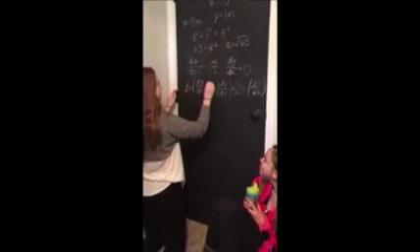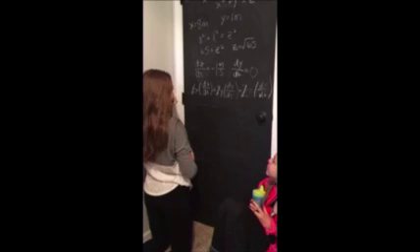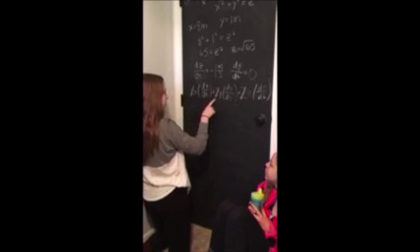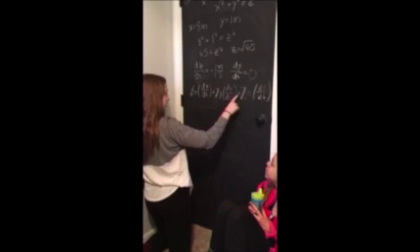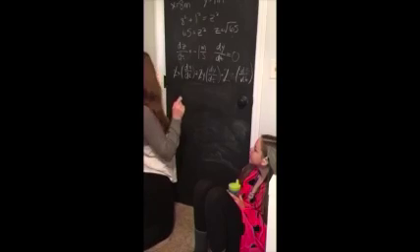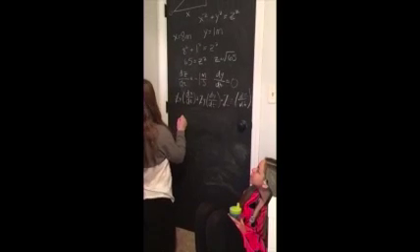And then all these 2's can cancel out. So we're left with x times dx over dt plus y times dy over dt equals z times dz over dt. Okay, so we know that x is equal to 8 meters.